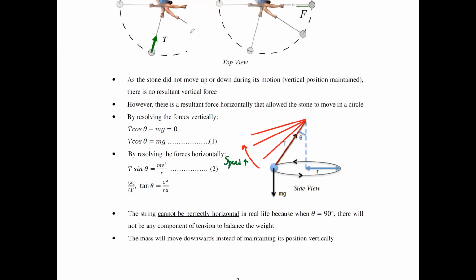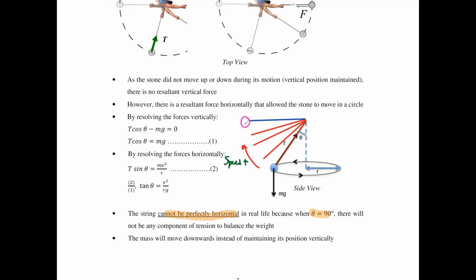So one thing to note here is that no matter how fast you swing your mass that's tied to the string, it will never be perfectly horizontal. Because when theta is 90 degrees, like the one that you're seeing right over here, nothing will be balancing your weight. The mass is tied to the string.